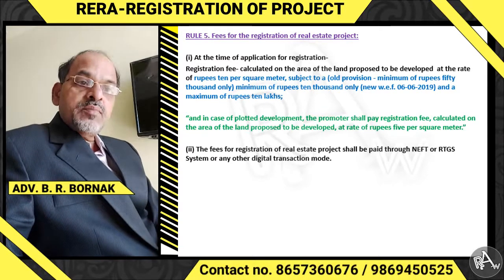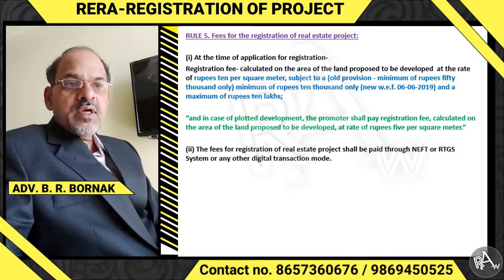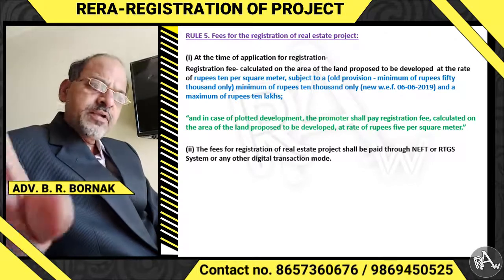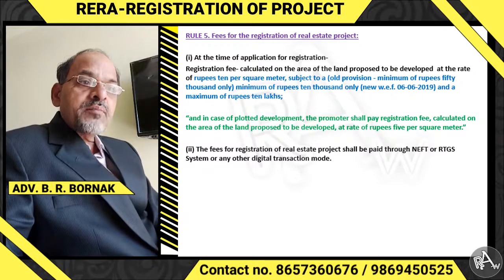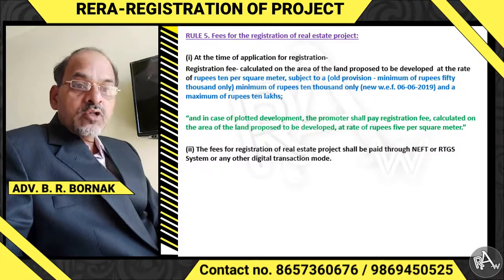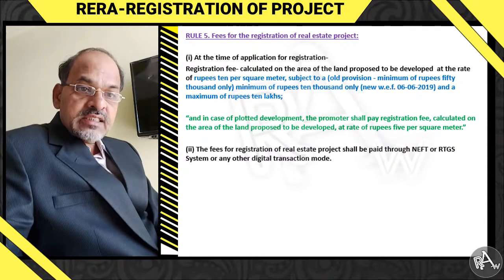Here, a maximum limit is not given, but it is fixed that rupees 5 per square meter is required to be paid to the RERA authority as fees for registration of the real estate project in case of a plotted development.